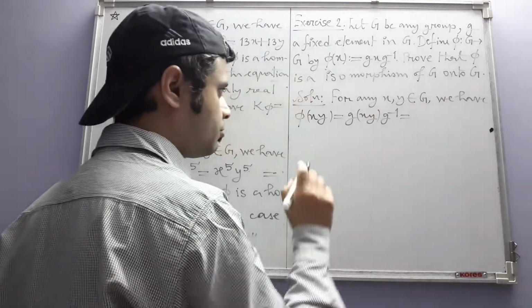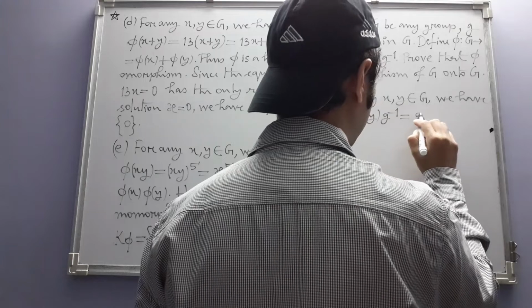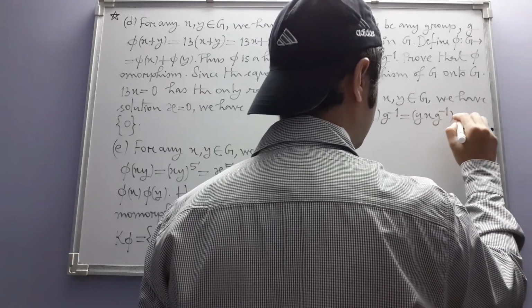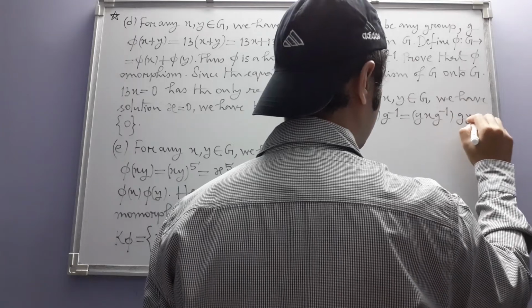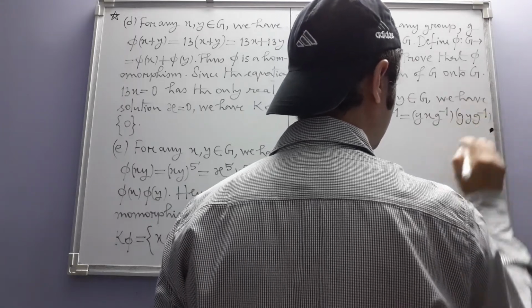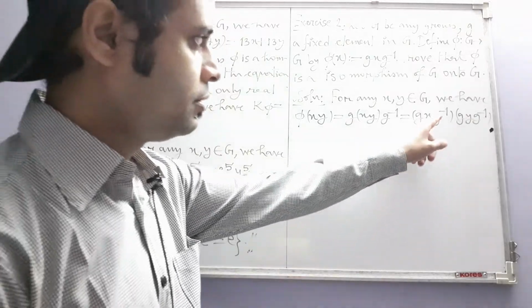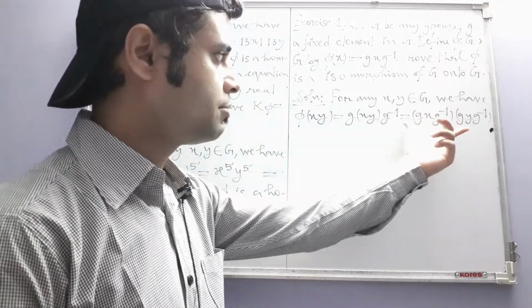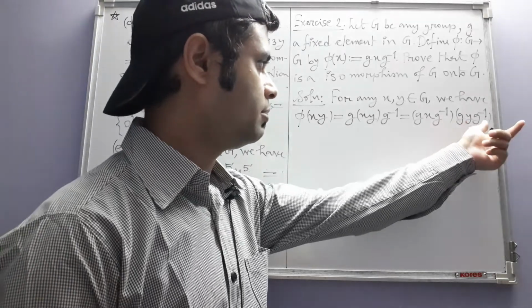Now note carefully that this element can be written as g x g inverse, g y g inverse. This g inverse and g cancel out, leaving us with g xy g inverse.